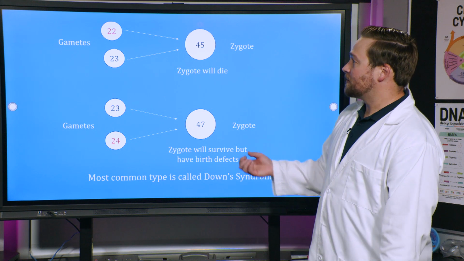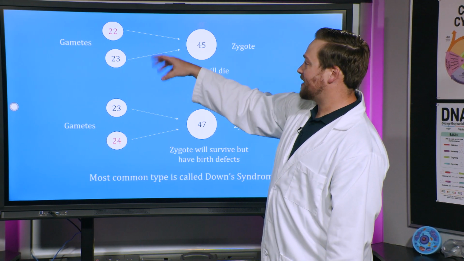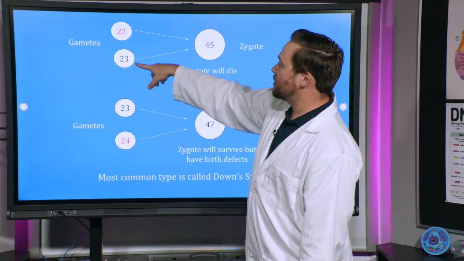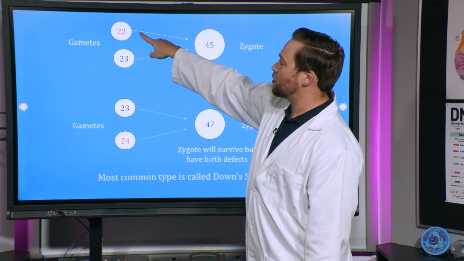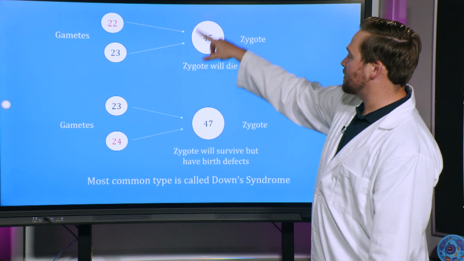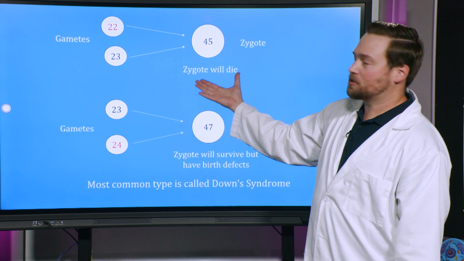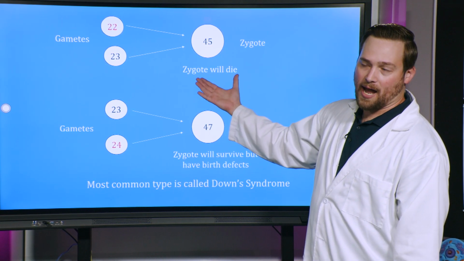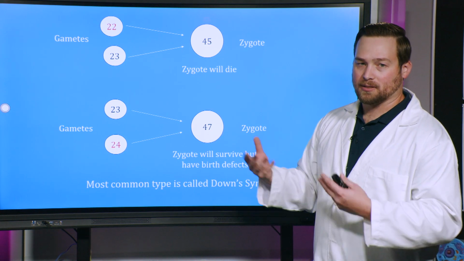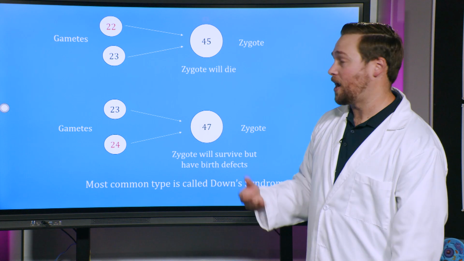So when that happens, you can see here that if we use those cells as gametes and they do fertilize, you can see what will happen here. Well, 22 chromosomes from this cell, 23 from this cell. This zygote will only have 45 total, and that means most likely this zygote will die. It's missing information. It doesn't have all the information it needs to live. So if you're missing chromosomes, that's really, really bad. You're not going to survive.